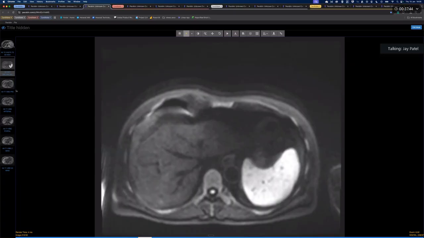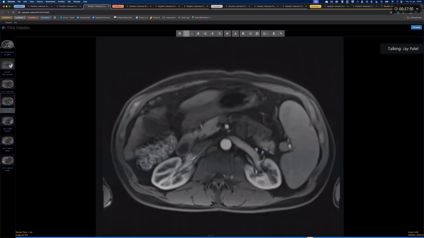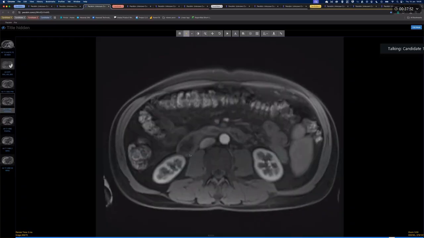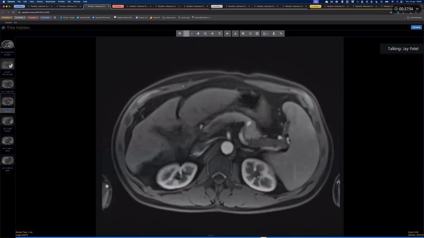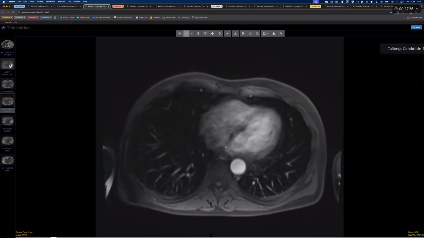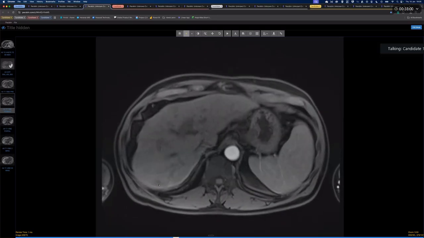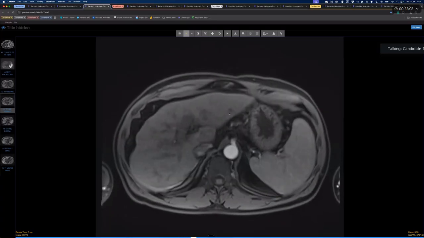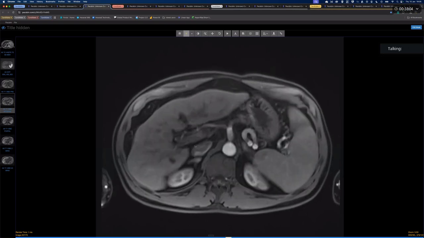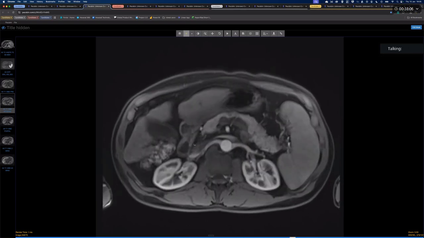No ADC, but why don't you have a look at the arterial phase? Okay, so this is the arterial phase, and the lesions are non-enhancing on the arterial.